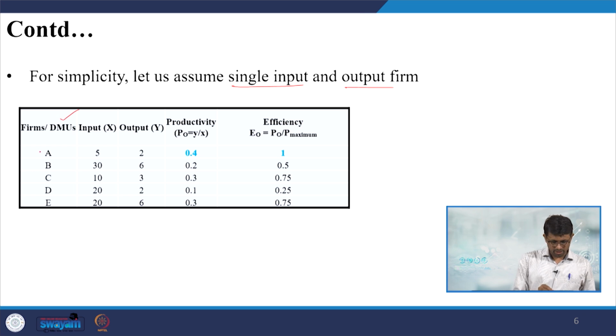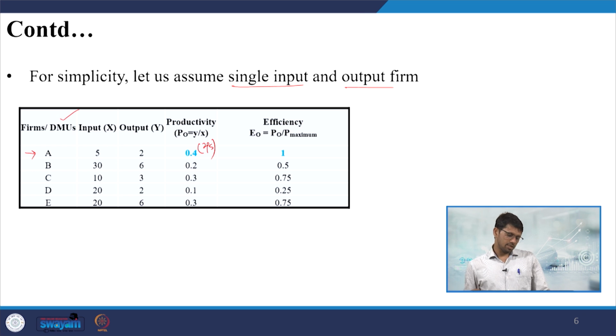At this moment we have kept 5, and their individual input and output are mentioned in the next columns as X and Y. Hence, productivity is calculated for the first firm as 2 by 5, and so it is 0.4, and similarly 6 by 30 etc. That is simply output by input.